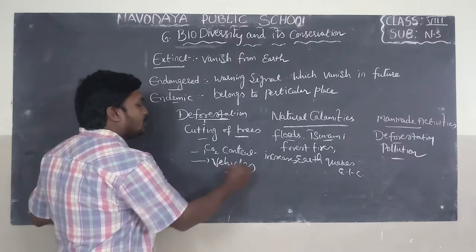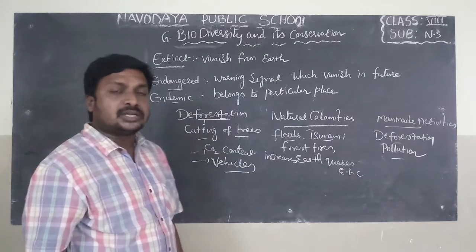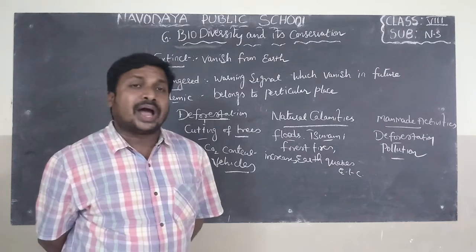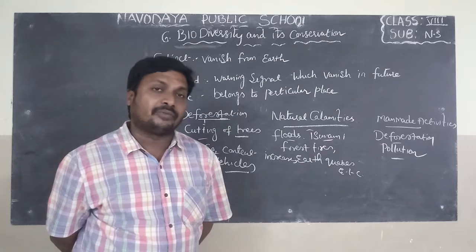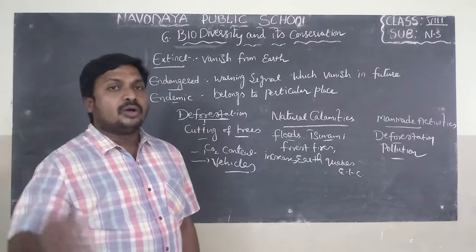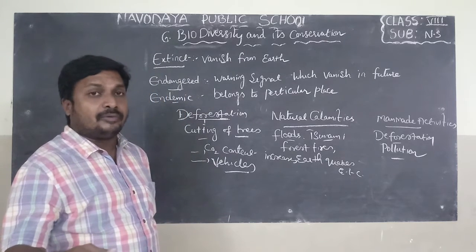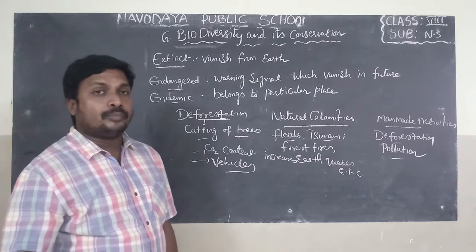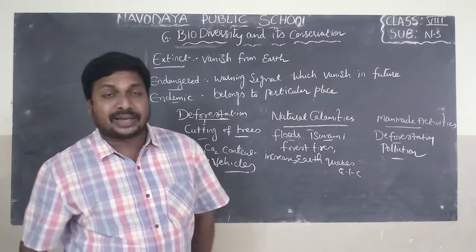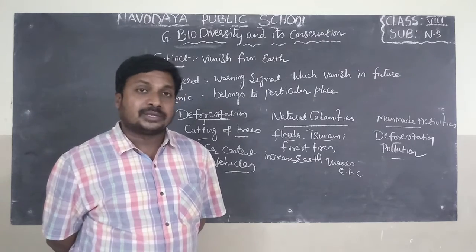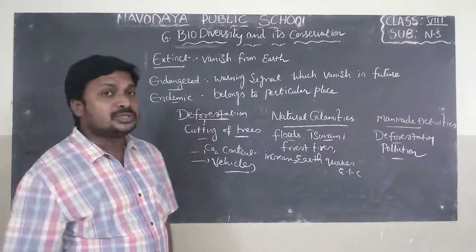So you have to reduce the usage of vehicles. How to reduce it? You have to prefer public transport instead of private vehicles, and walk for some time when going from home to school or school to home. You have to use bicycles instead of vehicles. This is helpful to reduce pollution.